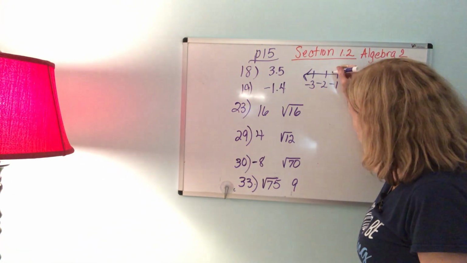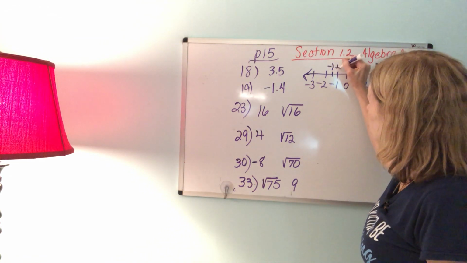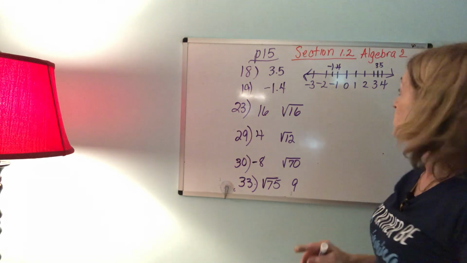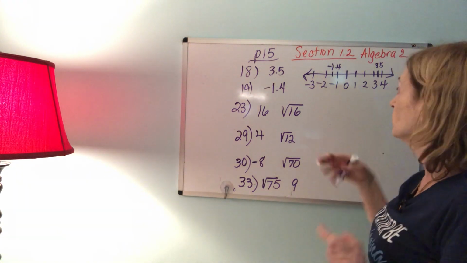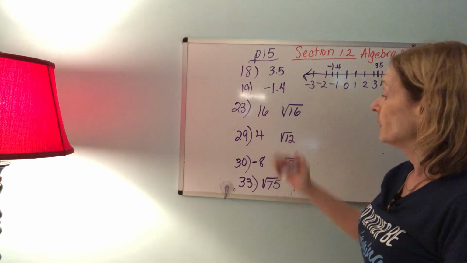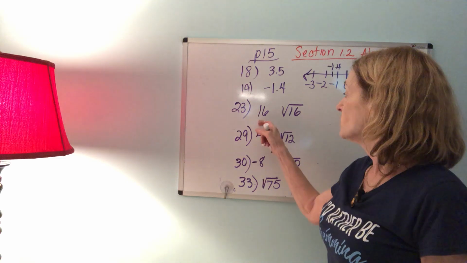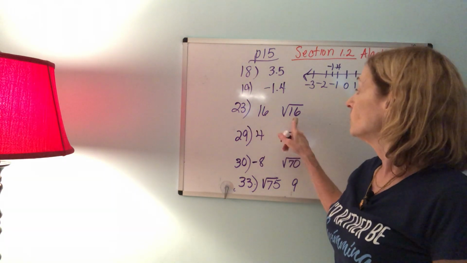So it's almost halfway, but a little closer to -1. Okay, so you could also use this as an example to help you remember where numbers go on a number line.